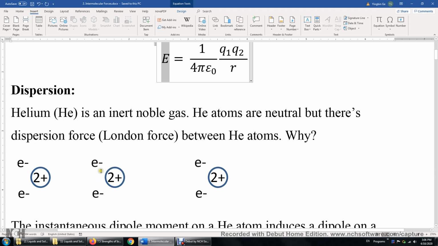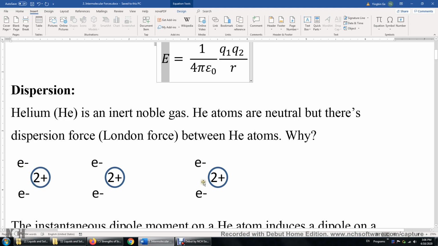So this is called an instantaneous dipole here, and it induces a dipole here. So we call this instantaneous dipole, induced dipole interaction.